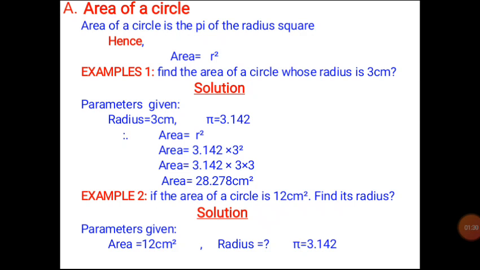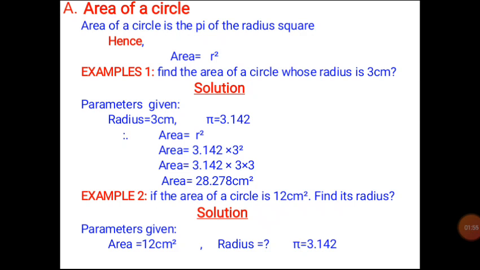I repeat, the area of a circle is pi r squared. If you can remember very well, we talked about pi being equal to 22/7 or 3.142. Hence, area is equal to pi r squared.